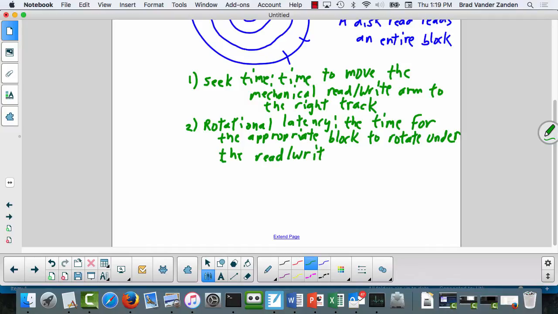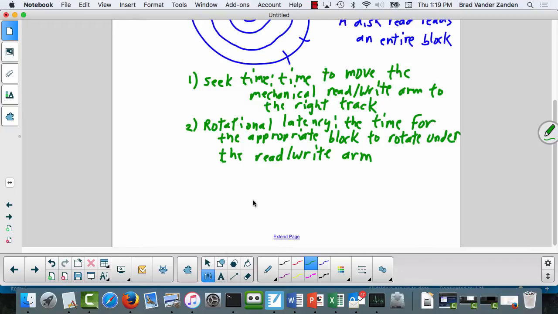In general, what do you think the average time is? On average, it's going to be halfway around. So it's going to take about half a revolution on average for it to move under the read-write head.